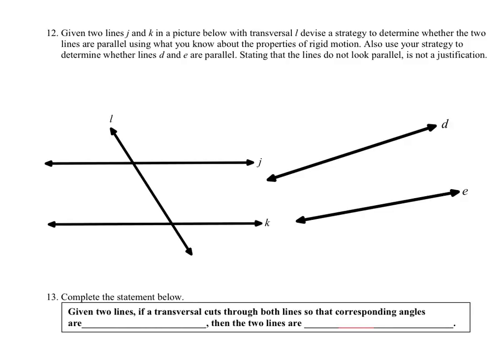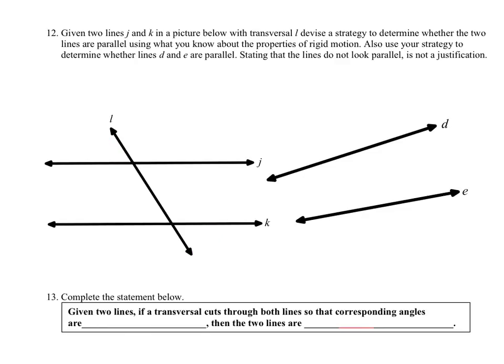So, for example, if we were to look at this angle, if it were different than this one, right? Now what's the relationship between that red and purple one? Those are alternate exterior angles. And if the lines are parallel, then they have to be the same. But in this case, with the different markings, they are not the same, so we could say J and K are not parallel.